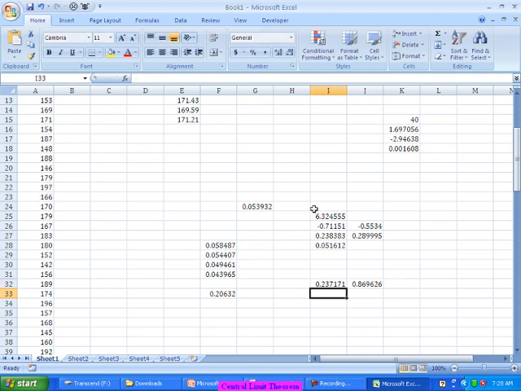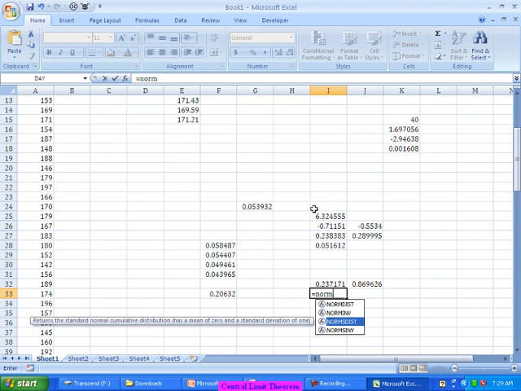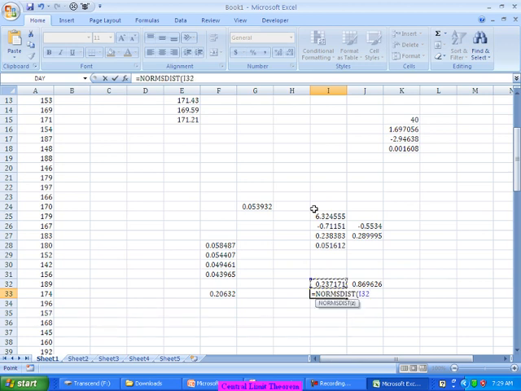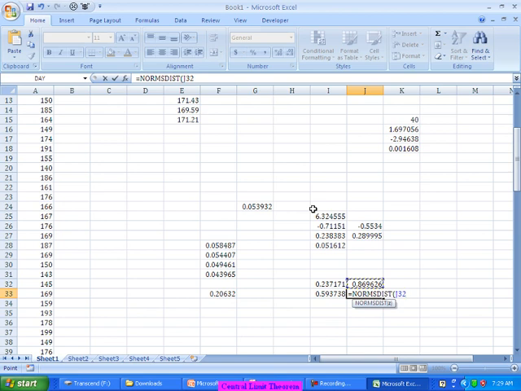Now from the tables I will look for 0.23. What is the area corresponding to 0.23? The area from the left is 0.59. We have discussed how to look up the normal distribution tables. The same logic for 0.86 gives 0.80.